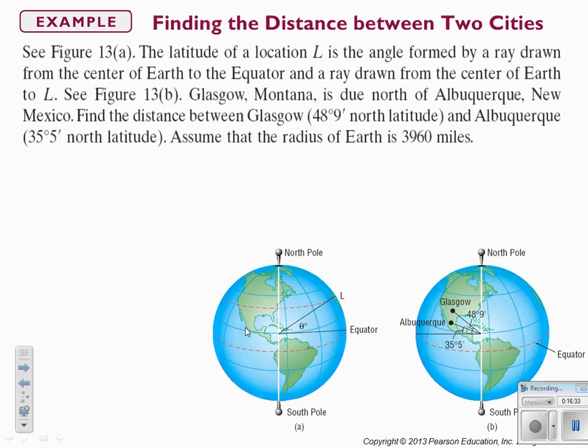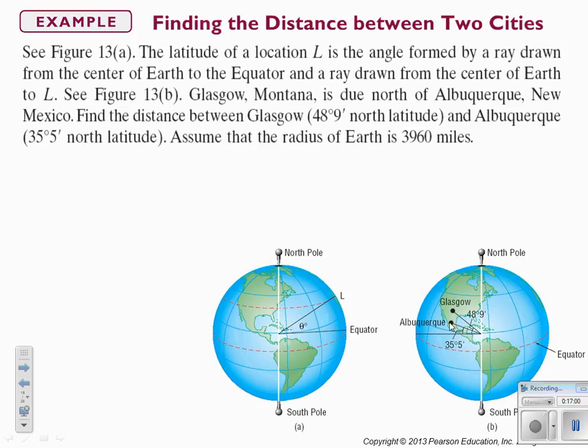All right, finding the distance between two cities. This is fun. The latitude of a location L is the angle formed by a ray drawn from the center of the Earth to the equator and a ray from the center of the Earth to L. Glasgow, Montana is due north of Albuquerque, New Mexico.